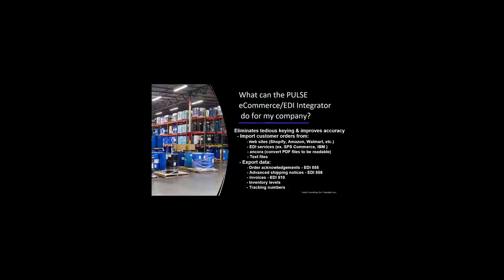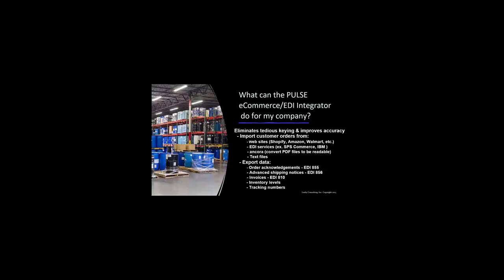So this is kind of an overview of what our software can do. It says at the top, what can the software do for your company? The main goal is to eliminate tedious keying of customer orders, reducing errors, and we can bring in orders from a variety of sources. We developed this about 10 or 15 years ago.